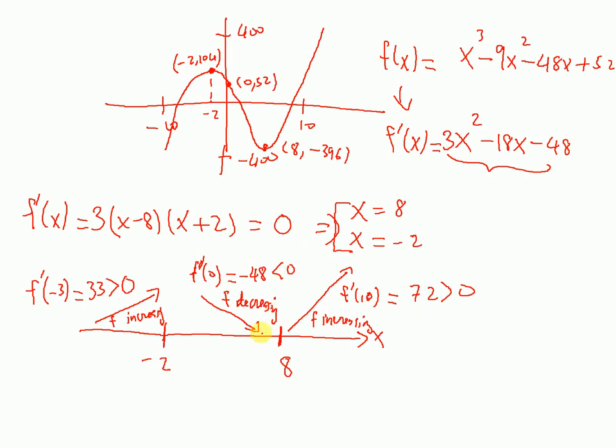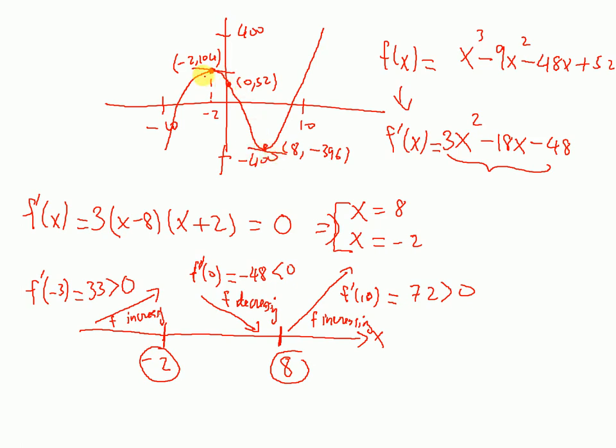So that's the reason that I set my first derivative equal to 0 and I solve for these 2 points. The reason that I did that, because at the point where f prime is 0, we have the horizontal tangent line.